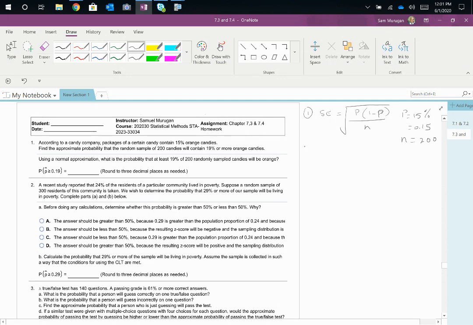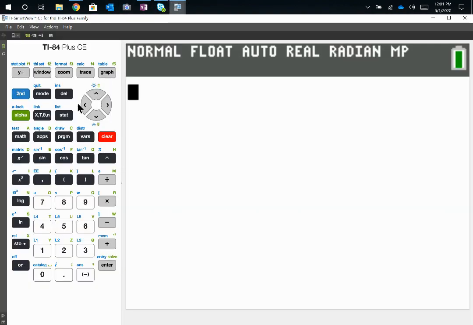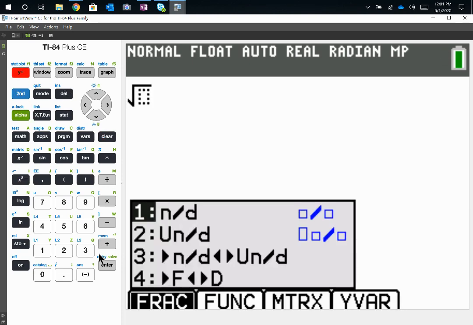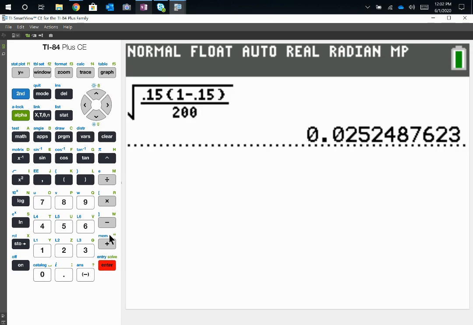Okay, so I'll go to my calculator. Second square root, alpha y equal to get the fraction bar, 0.15 times 1 minus 0.15, close parenthesis, divided by N, which is 200. Okay.